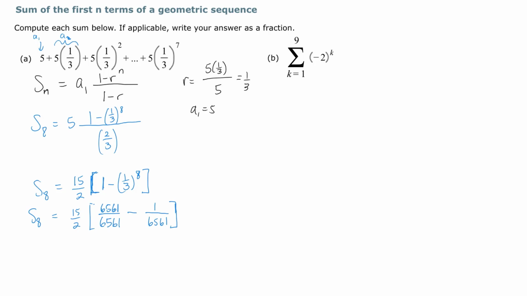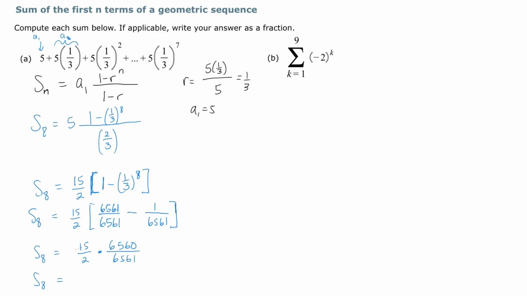So we have 6560 over 6561. And of course, we could reduce some common factors here. There's a 3 in 15, and there's a 3 in 6561.